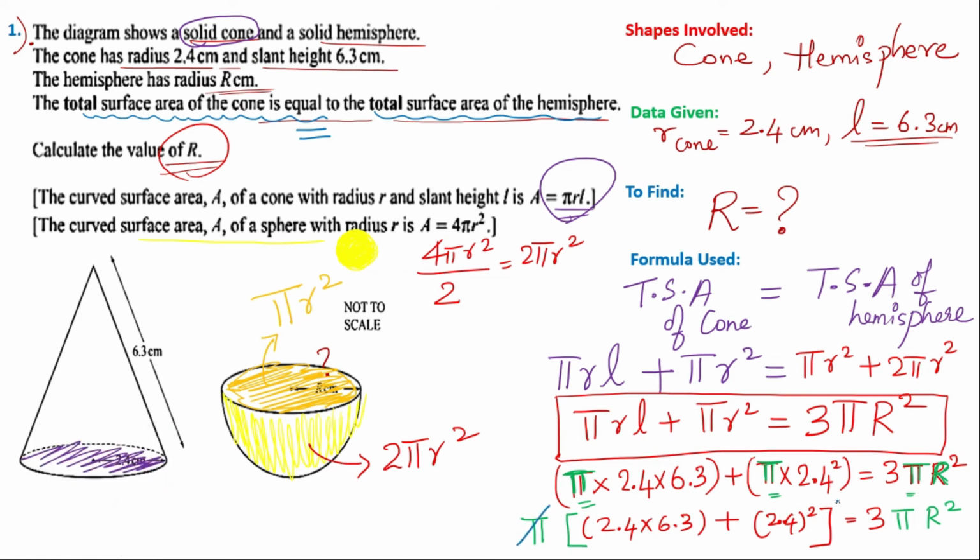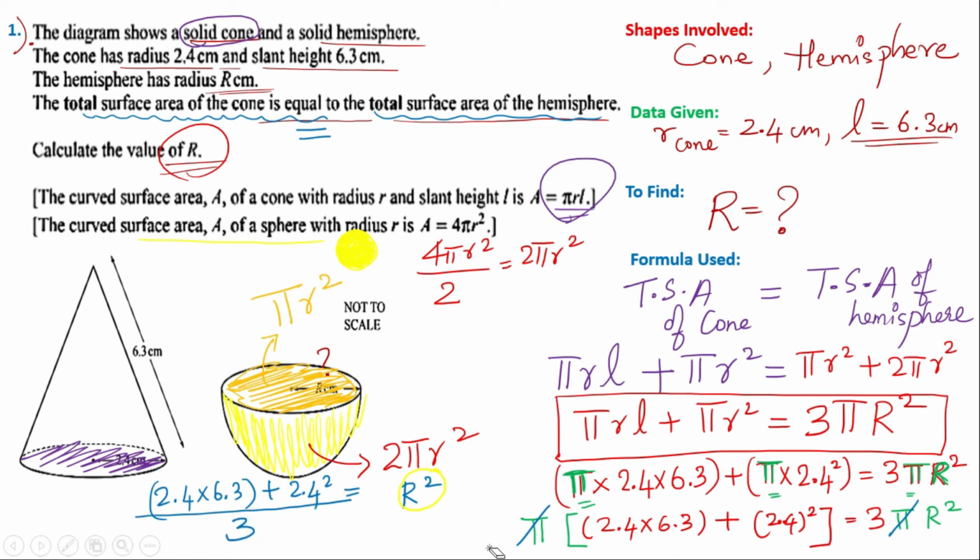Cancelling the pi from both the sides, I can say 2.4 times 6.3 plus 2.4 square equals 3R square. My R square is going to be equal to this term divided by 3.